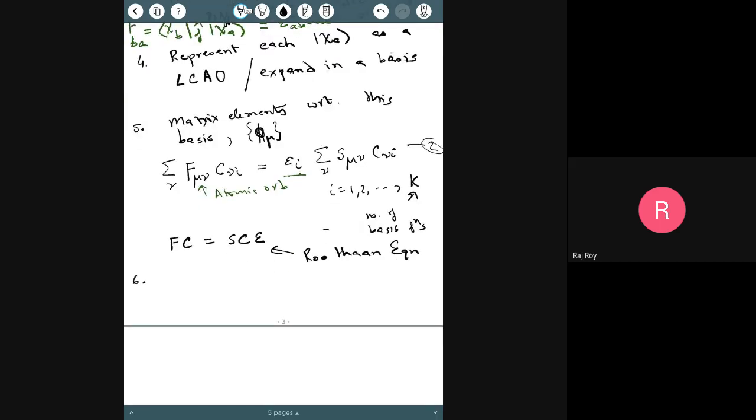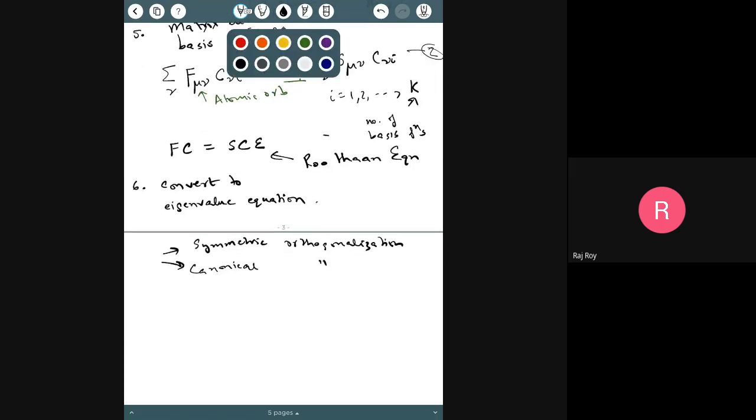In order to convert that into an eigenvalue equation, we use either symmetric orthogonalization or canonical orthogonalization. You can use either, but canonical orthogonalization is what is used.